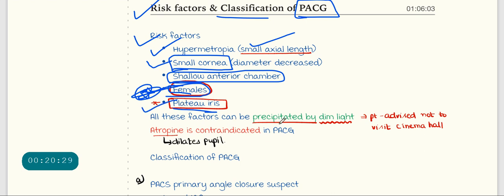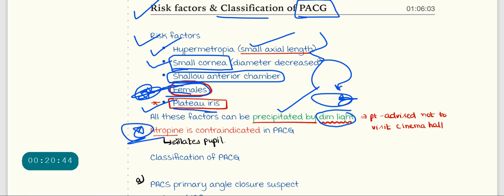Remember this, all of these factors are precipitated in dim light. Atropine is contraindicated in PACG, very important, because it is used for dilation of the pupil.